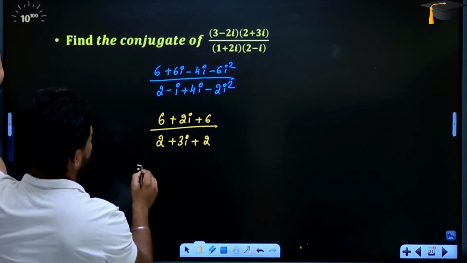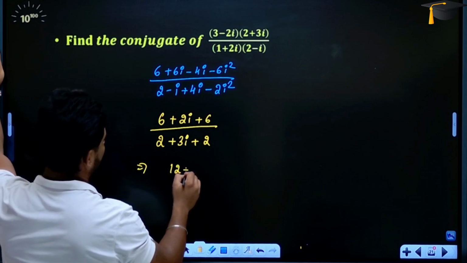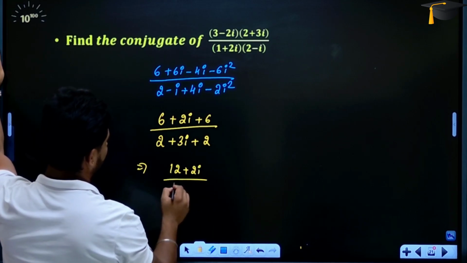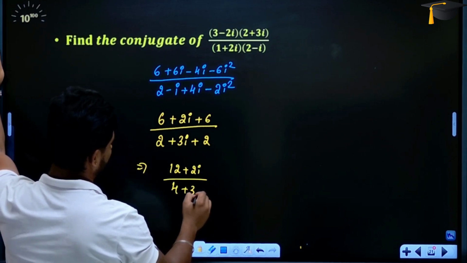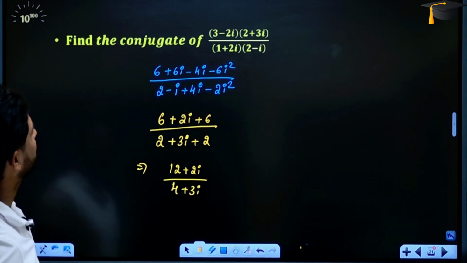So 6 plus 6 is 12, 12 plus 2i whole divided by 4 plus 3i.